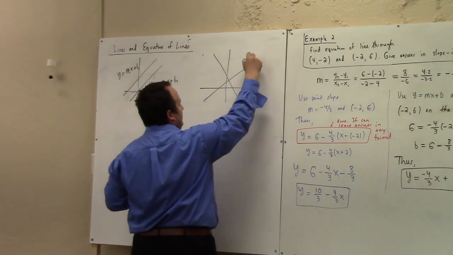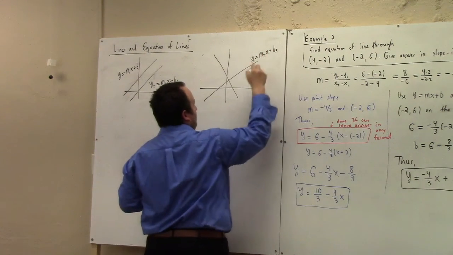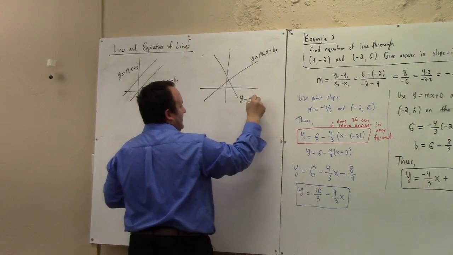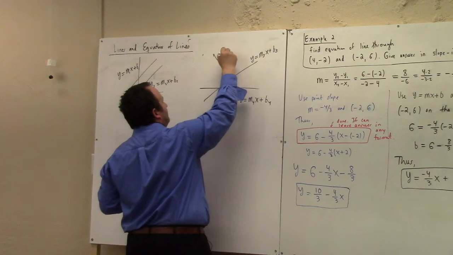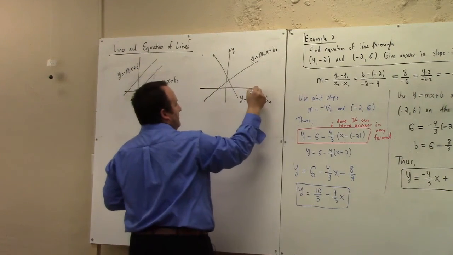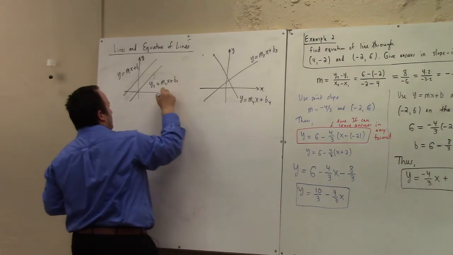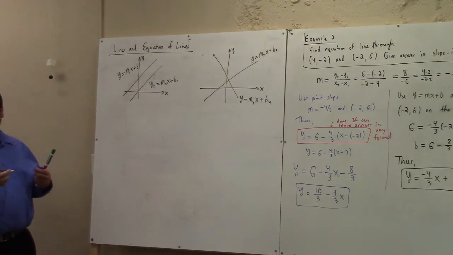So this one could be, say, y equals m3 x plus b3, and suppose this one is y equals m4 x plus b4. All right. Then we can actually define, if you like, when lines are parallel or perpendicular as follows.